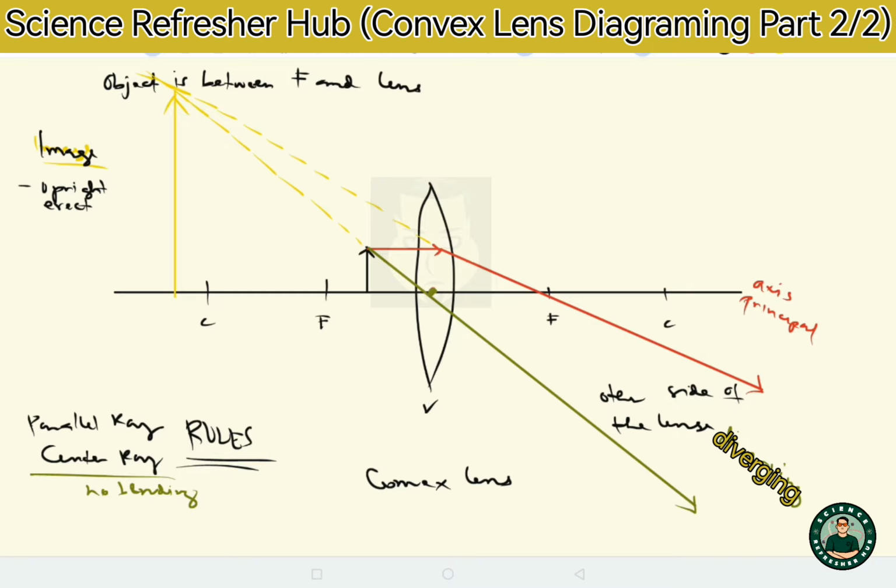So in that case, it's not real, it's a virtual image. And if you notice the size, it's larger than the object. And it forms in front of the lens, the convex lens.